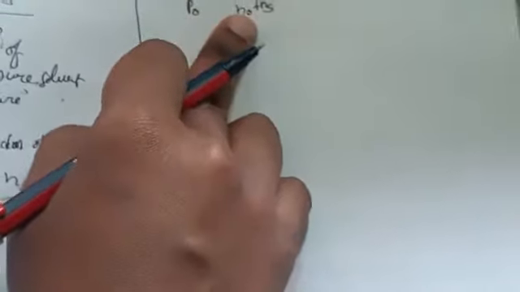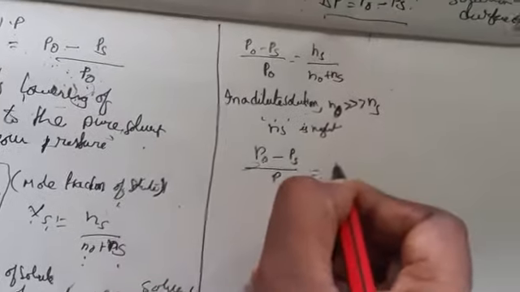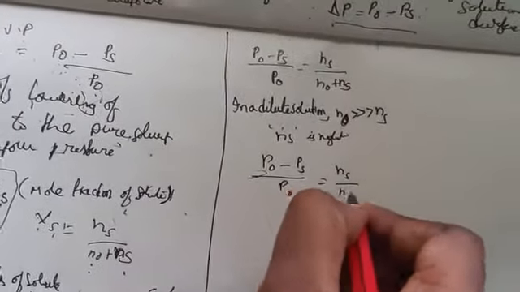So Ns will be neglected in the solution. Why? Because it is very small. So then what you will be getting? P naught minus Ps by P naught is equal to Ns by N naught.